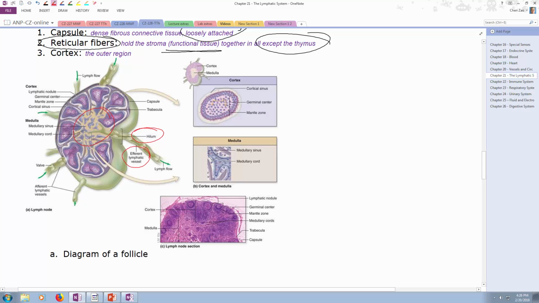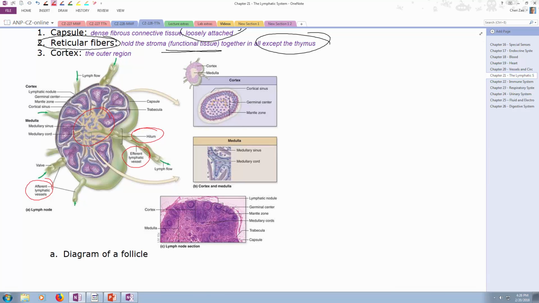We've used efferent and afferent before, so this is leaving the lymph node, and those entering the lymph node are called afferent lymphatic vessels. One of the things that's important is to note already how many afferents do we have to efferents. We have a lot of afferents, very few efferents. So what does that mean if a whole bunch of lymph is coming to that lymph node?